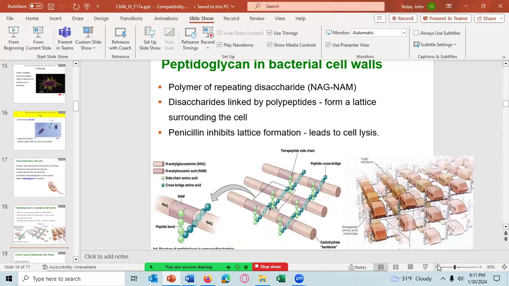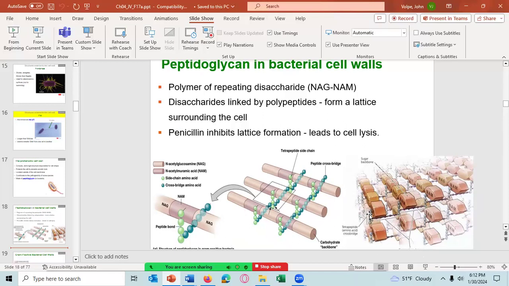Peptidoglycan does have some peptides which help link the peptidoglycan together. And as you can see, this peptide here is linked to that peptide here, which is linked to that peptide there.